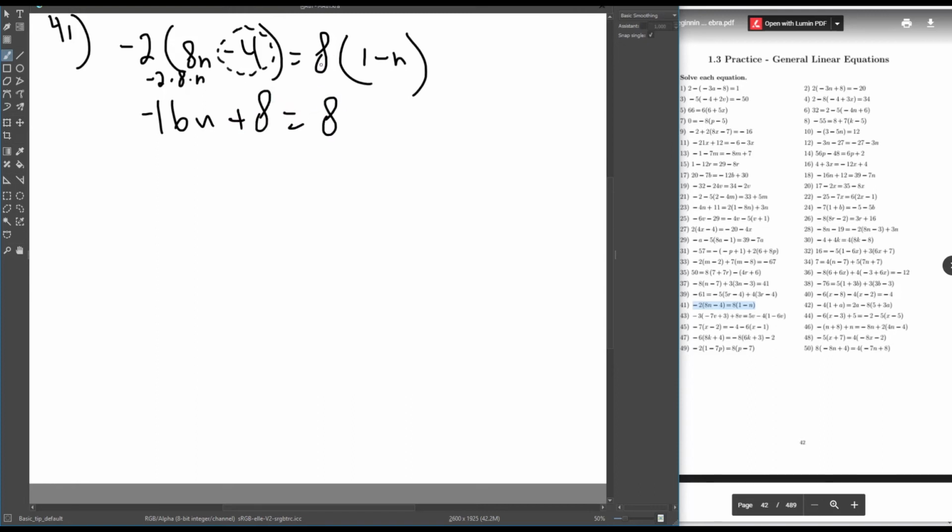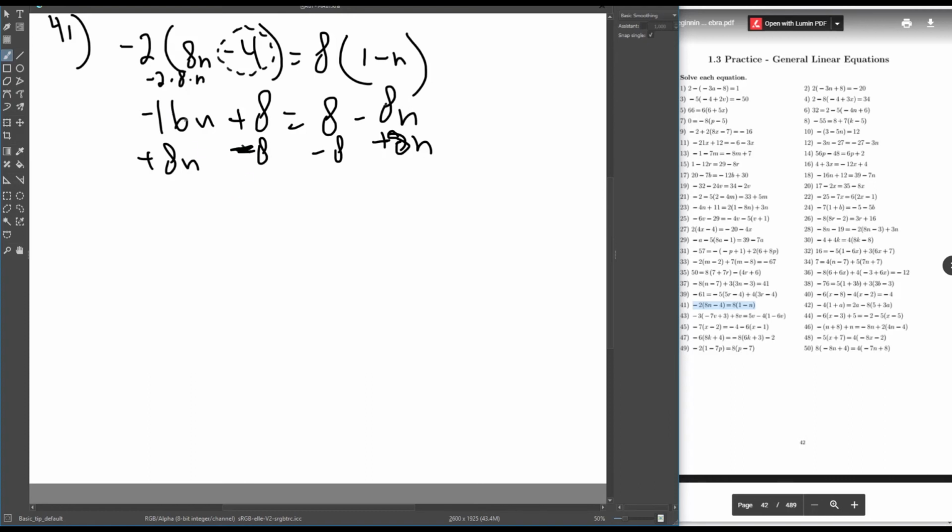Okie dokie. Looks like we're going to get gypped here. What's going on? All right, let's bring the 8n on this side. So that would be plus 8n and plus 8n. And here we'll do minus 8 and minus 8. Okay, so minus 16n plus 8n equals minus 8n. We have to agree this equals 0.